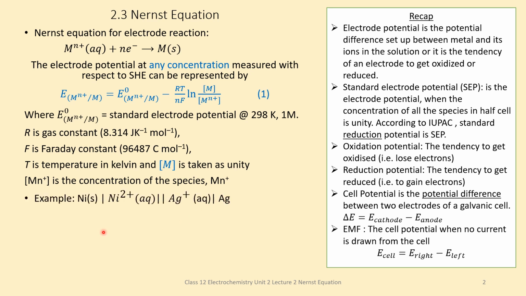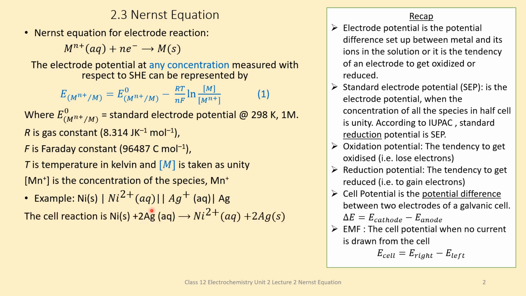Let us take another example. Ni(s) to Ni2+(aq) and Ag+(aq) to Ag. The left side is the oxidation and the right one is reduction.